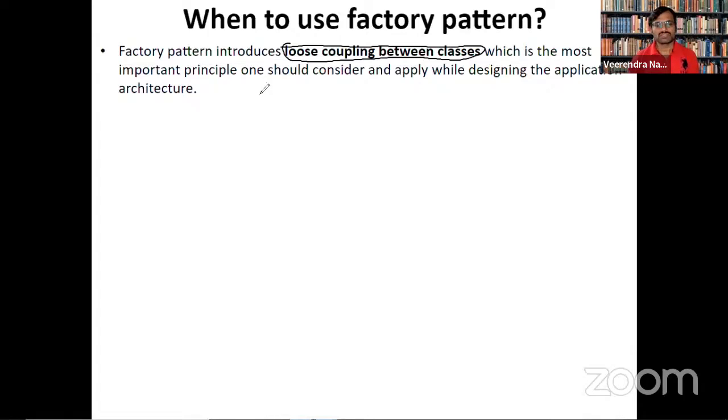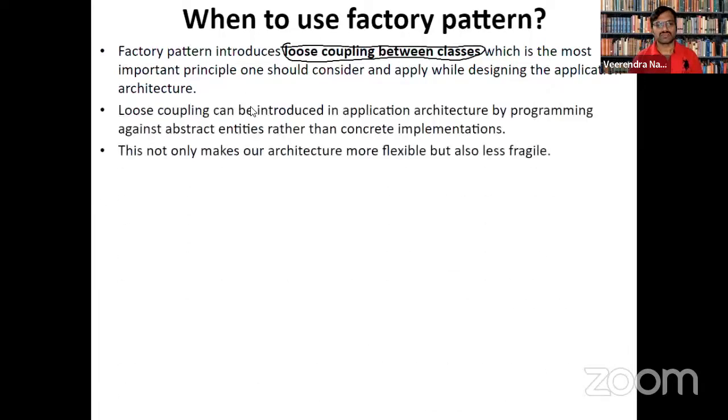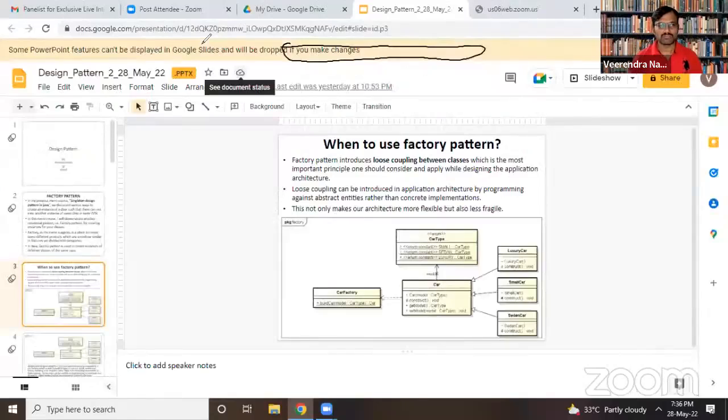The main principle to consider when designing the application is loose coupling between the classes. By integrating the classes this way, it not only makes our architecture more flexible but also less fragile. That is the point here.